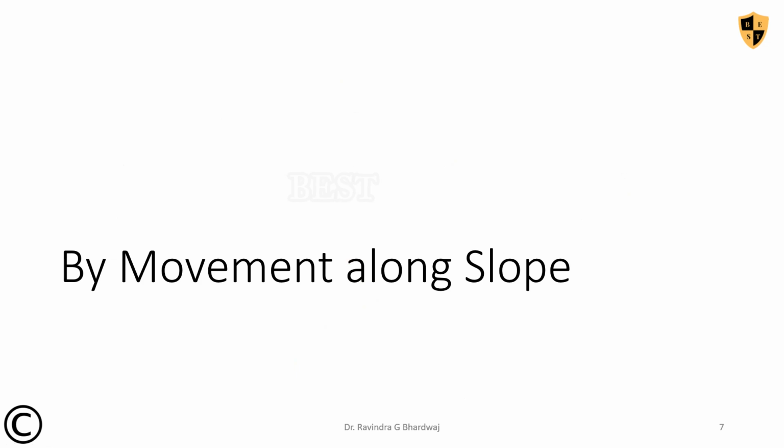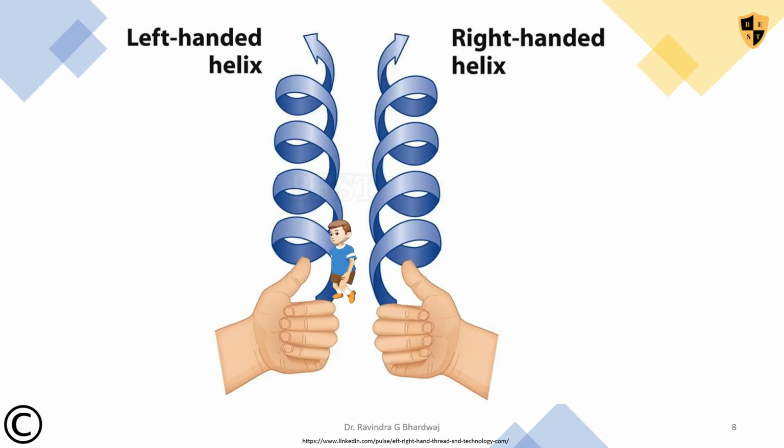The second method is very easy: it's the movement along the slope. With a left-handed helix and a right-handed helix, we can know what the screw dislocation will be. In a left-handed helix, if you are standing on a helix and want to move to an upper position, you will move from right to left.